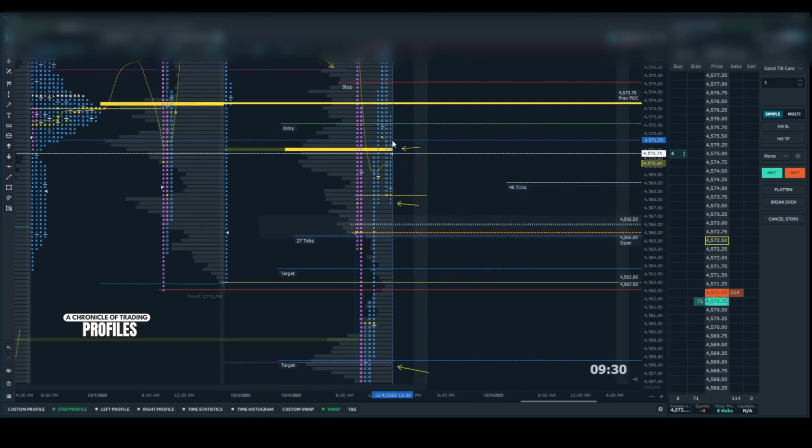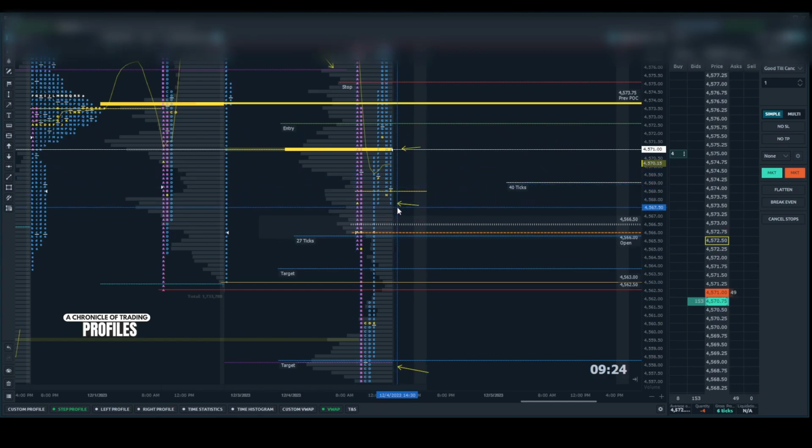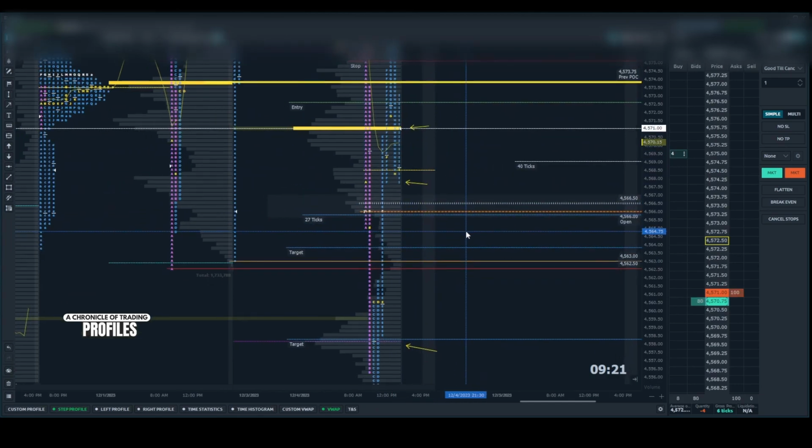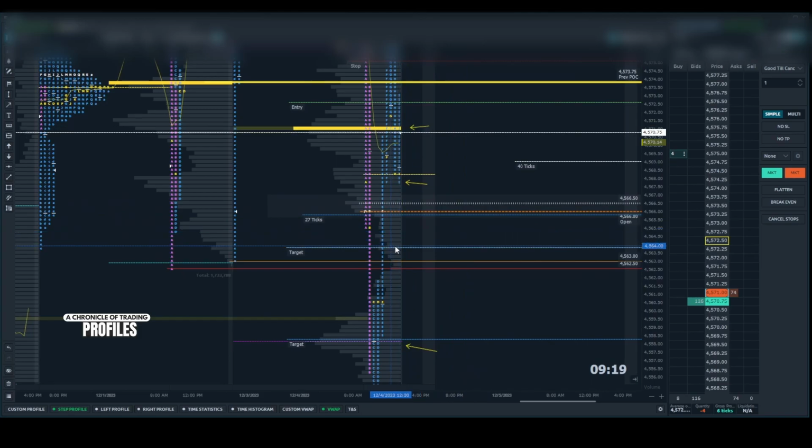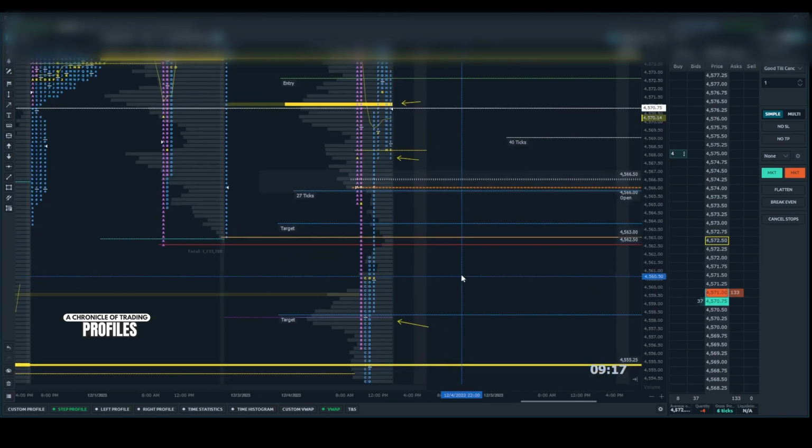So now, like I said, ideally, the next time period opens, can't break the I, and that kind of starts working its way down and gets us through to our first target down here.